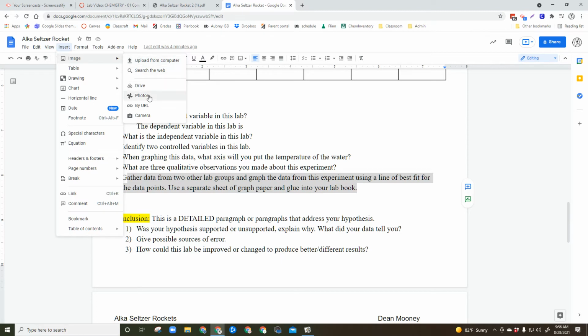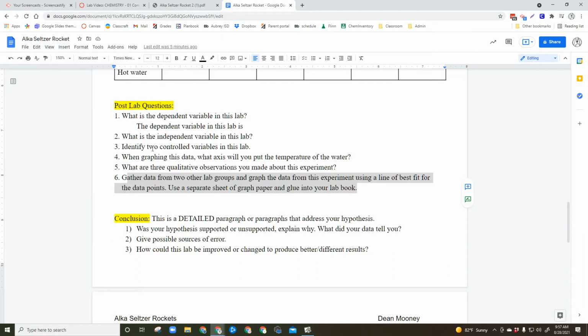Save it to your computer. Or if you have a camera on your computer that you're typing this up on, finishing this up on. If you're finishing it up on your phone, then you can just go ahead and use the camera on your phone. All right. So you can either draw this through a graphing program, or you can draw it on your own paper.